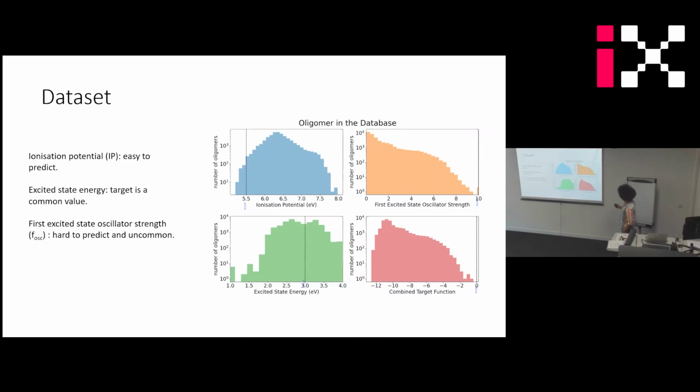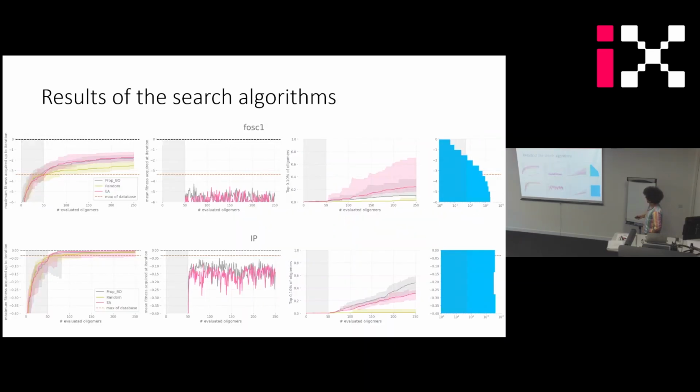And for the oscillator strength, we're trying to fit something that is as big as possible, with a target of 10. And here we have very few elements with that value. And then I'm just going to show an example of using a Bayesian optimization approach to find the molecule that fits that target.